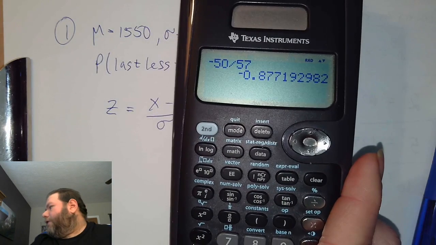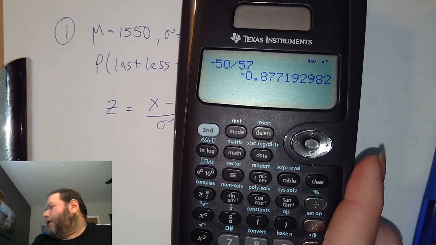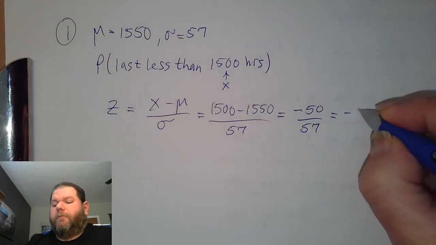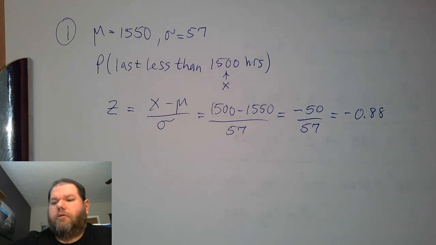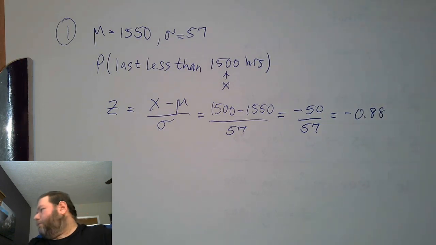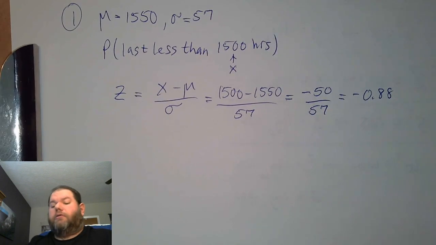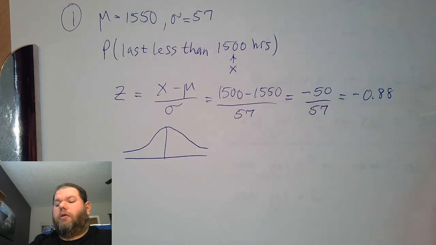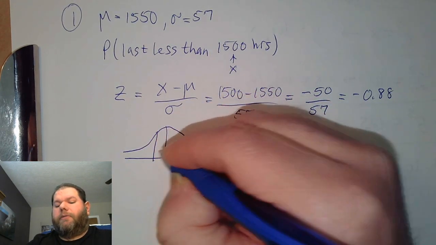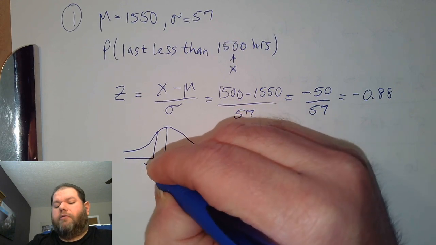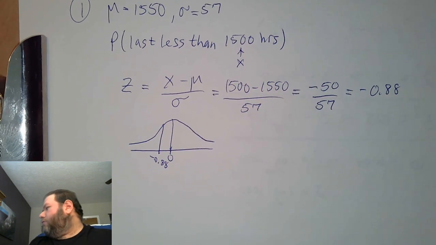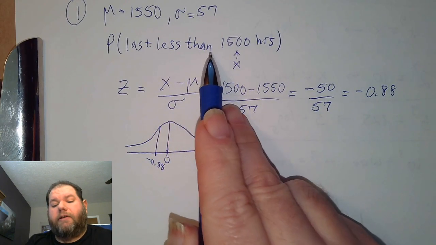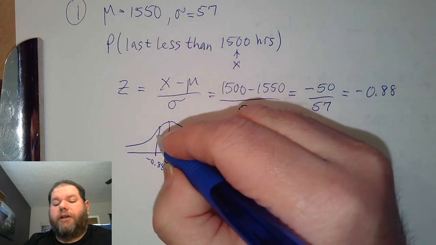And for that we get a value of negative 0.88 if we round to 2 decimal places. Now negative 0.88 is a little bit to the left of 0. And we want the probability that the light bulb lasts less than 1,500 hours, which means we'll shade to the left.